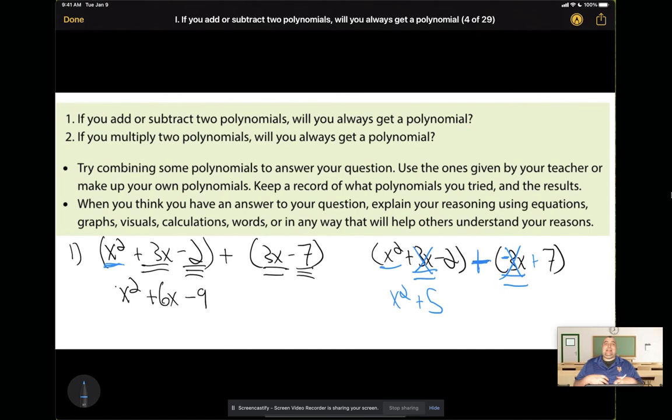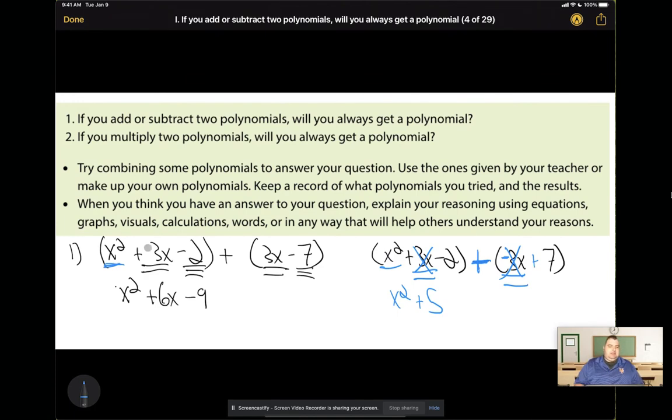And you can think as hard as you want, and it's never going to work. So will you always get a polynomial? Yes, you will.